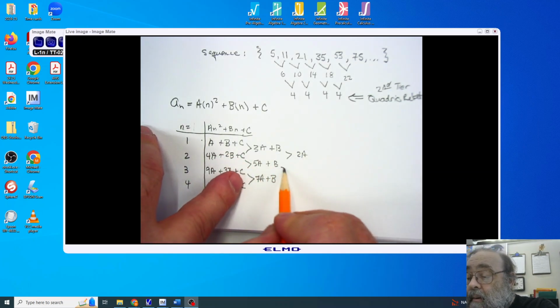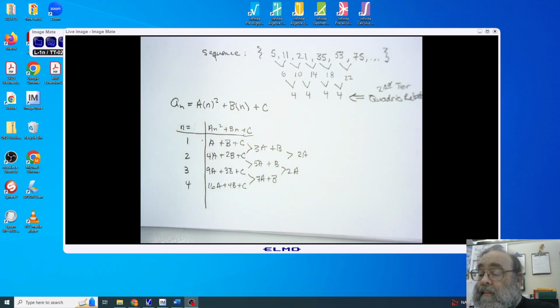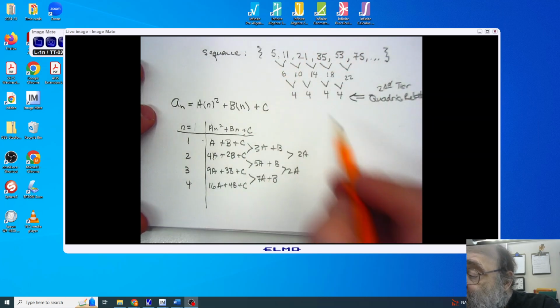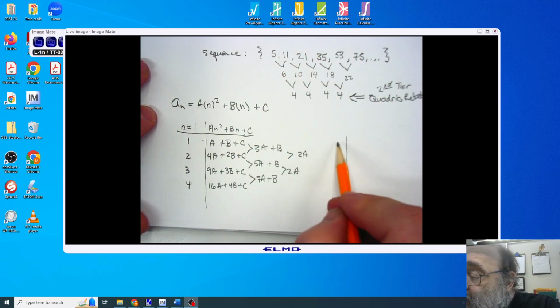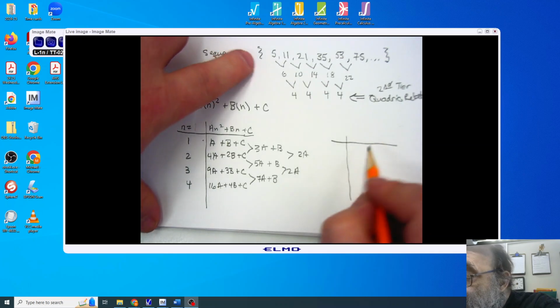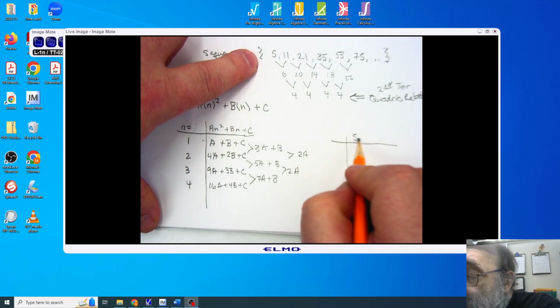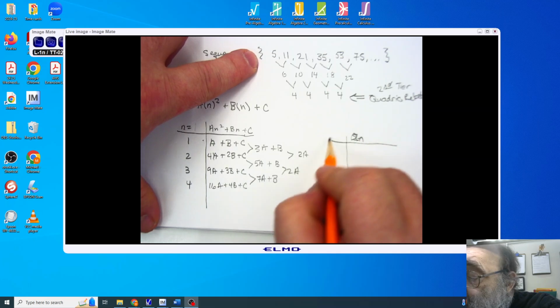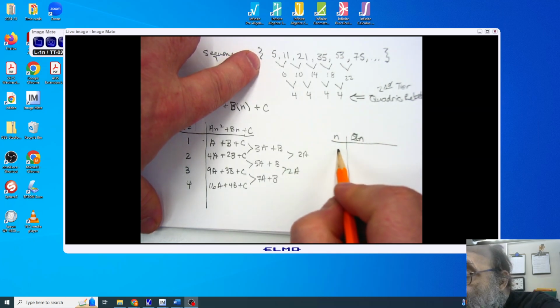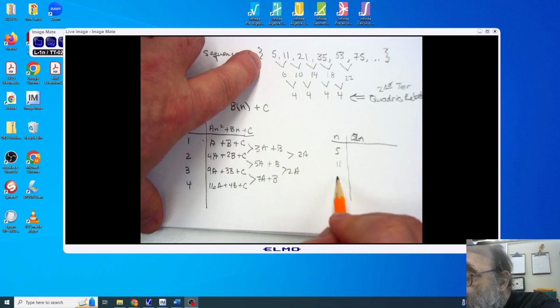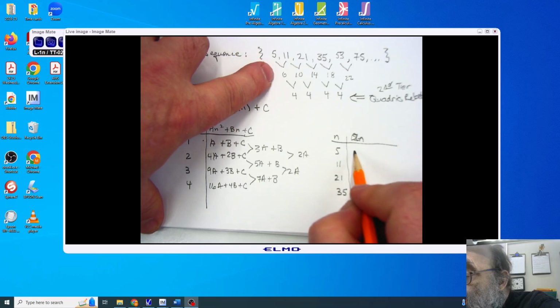2a. Now, you'll notice, if I were to do the same thing that I did, so we have our sequence value, so this is our a sub n, this is n. I had the 5, 11, 21, 35.